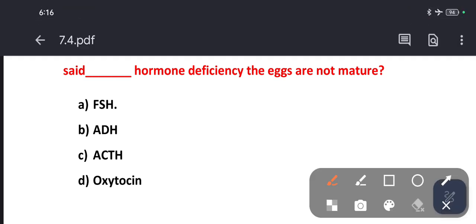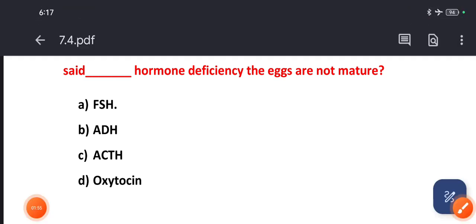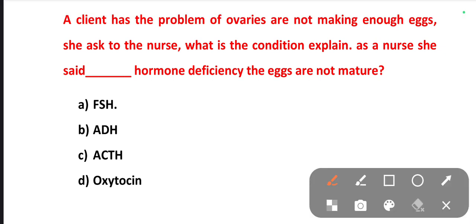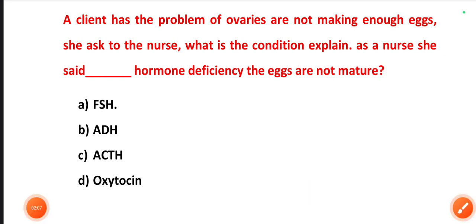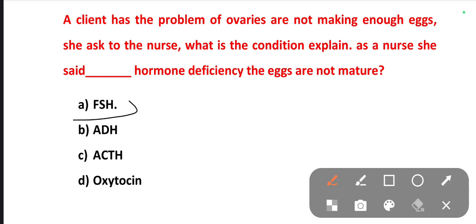The options are follicle stimulating hormone, ADH, antidiuretic hormone, ACTH, and oxytocin. So the right one is option A, follicle stimulating hormone. Due to the deficiency of FSH, it can lead to the immaturity of the eggs in the ovary.